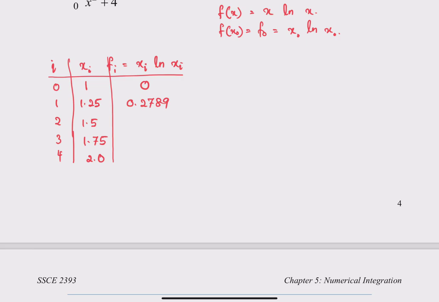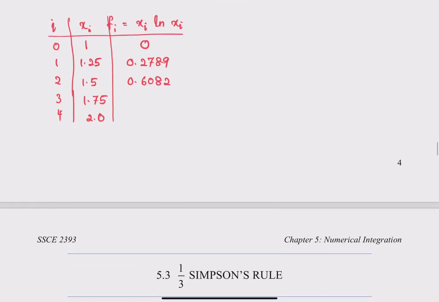When x is equal to 1.5, you get 0.6082. When x equal to 1.75, 0.9793. And when x equal to 2, you will get 1.3863. So here we use 4 decimal places.